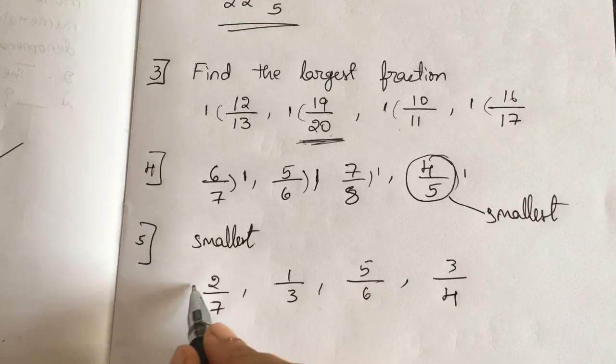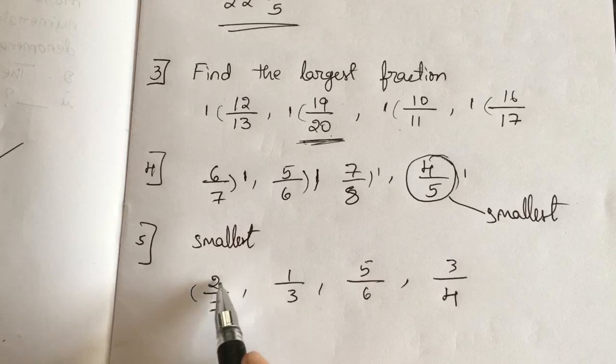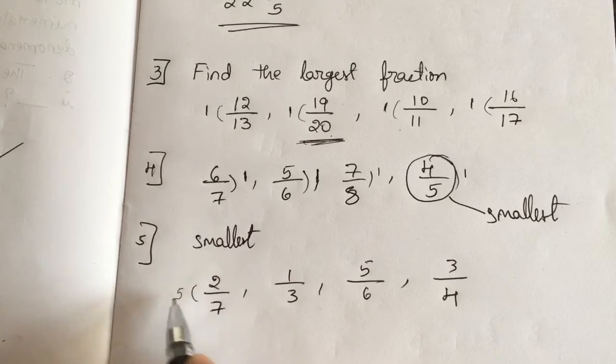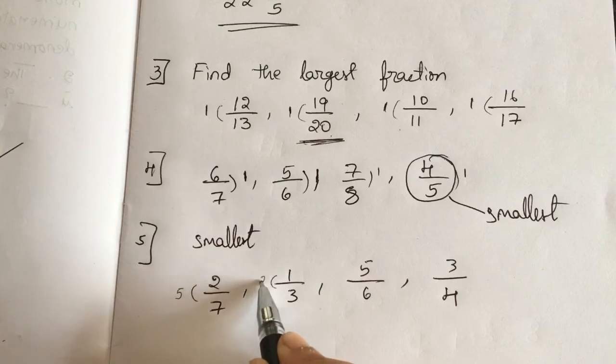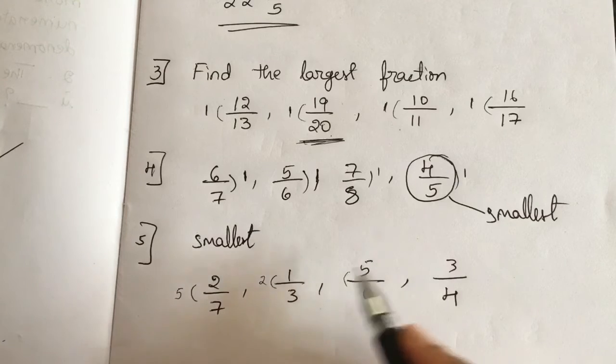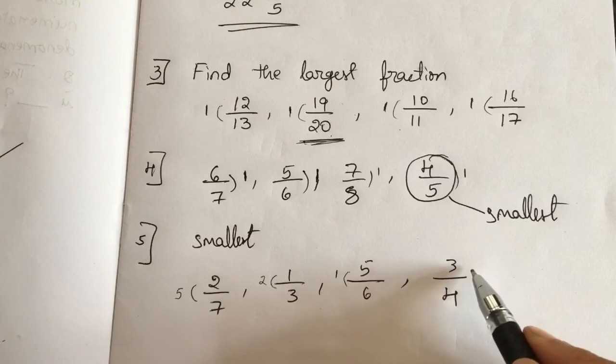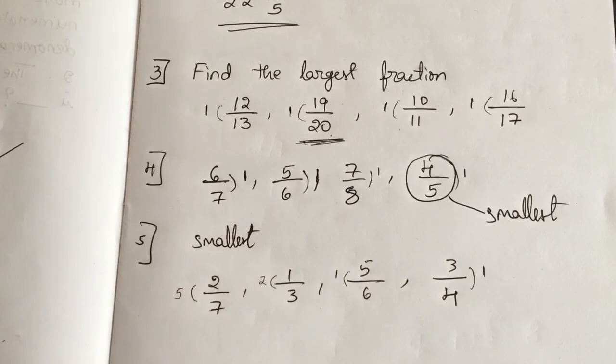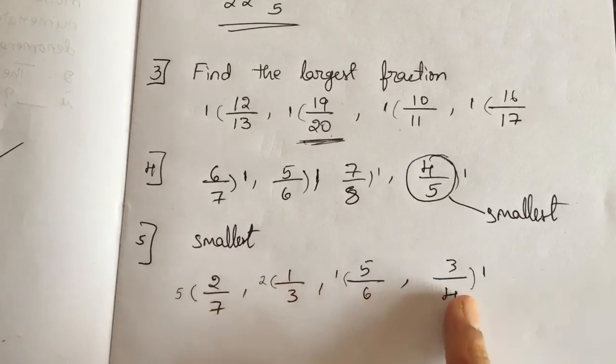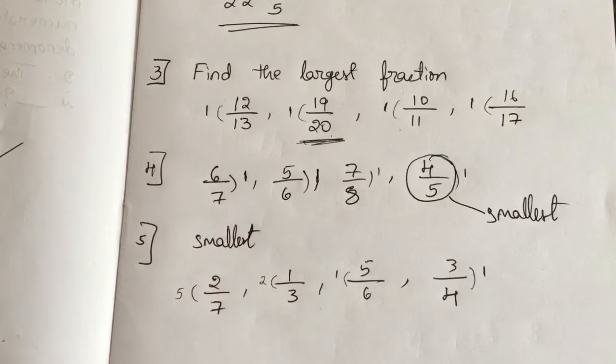Now you look at the differences here. 2 by 7, so the difference is 5. In this case the difference is 2. In this case the difference is 1, and this also has a difference of 1. So among these two, the smallest one is this. But what about these, right?